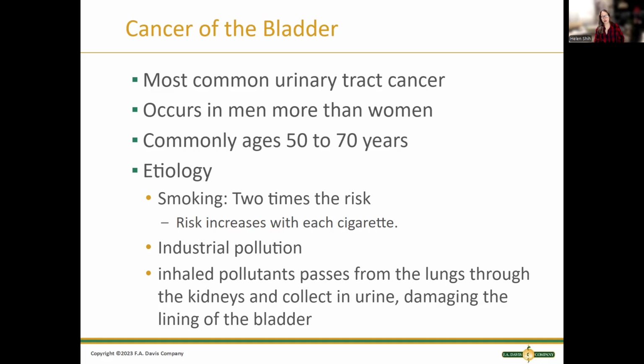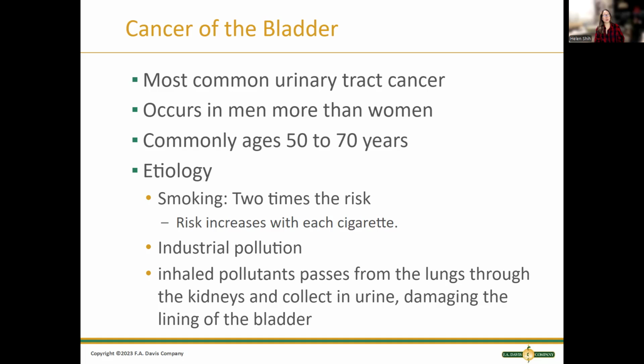The etiology, or how you can develop bladder cancer, is if you smoke or inhale a lot of industrial pollution. You're taking in way more toxins from the environment than somebody who doesn't smoke or doesn't live in an area impacted by industrial pollution. So the more you smoke, the more you expose your body to toxins.